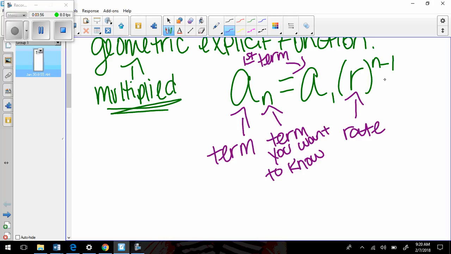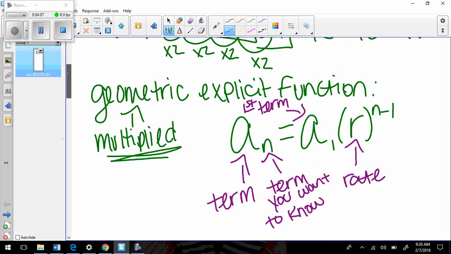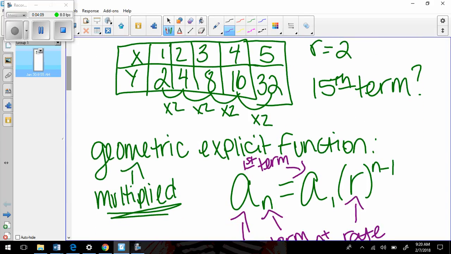So now that we have this equation, all we have to do is plug in the numbers that we do know. I do know the first term, I do know the rate, and I know the term that I want to know. So I'm going to go back and look at my table. a sub n is the 15th term, which I do not know, because I don't know what the 15th term is.